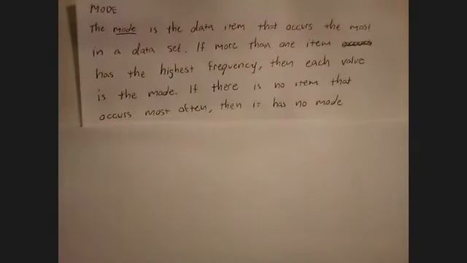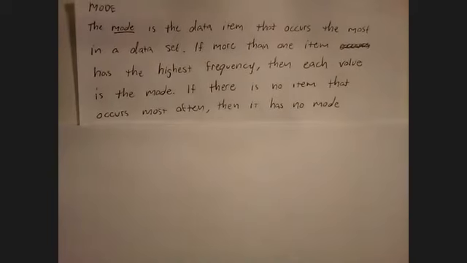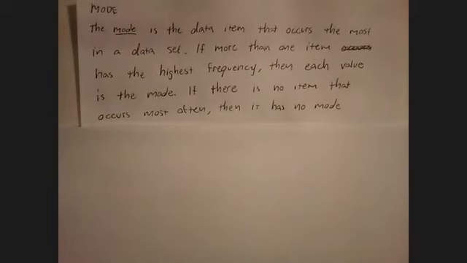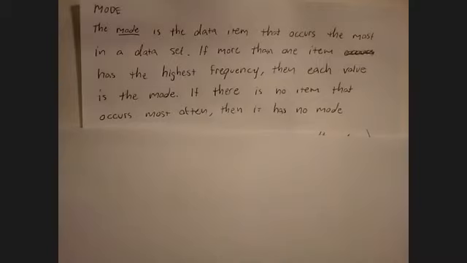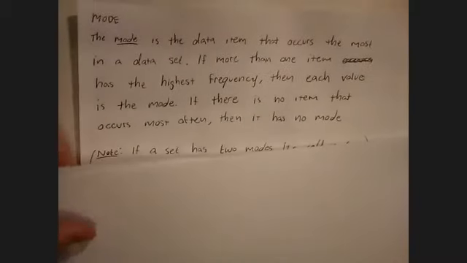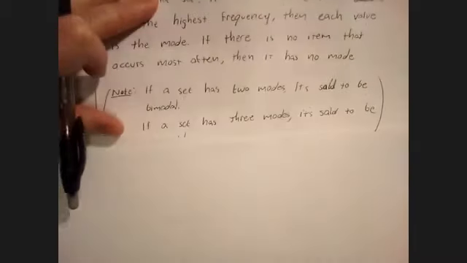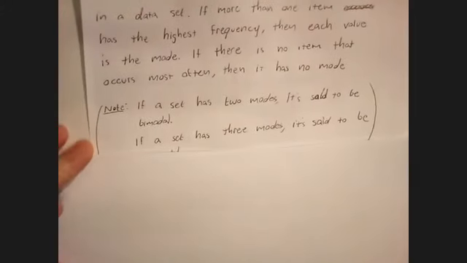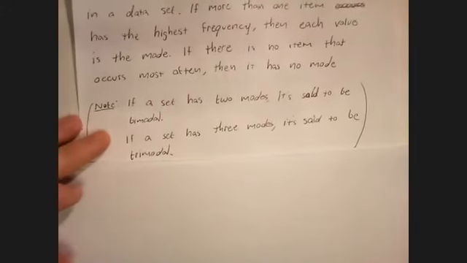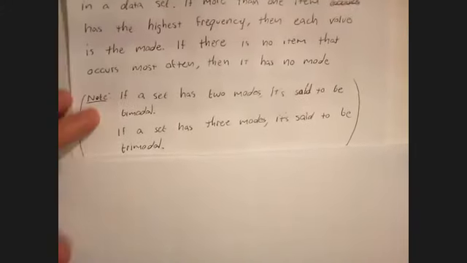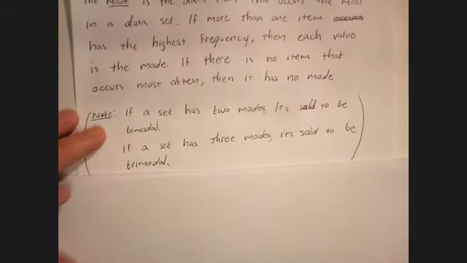It is possible for a data set to have multiple modes. If there are 2, we call that bimodal. If there are 3, we call it trimodal. I'm sure you could keep going. If your data set is really, really large, you're probably going to have a few that repeat.